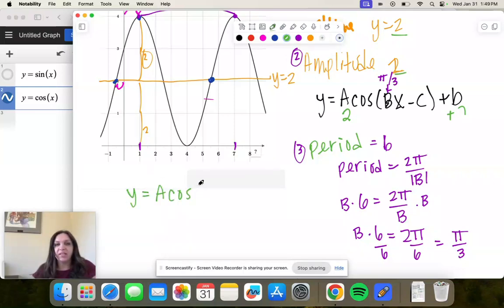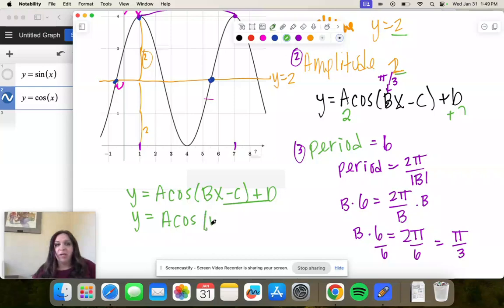Notice how my x-axis is not in radians. It's in just numbers, 1, 2, 3, 4, 5, 6, 7, 8, 9. So when you're writing your equation at this point, if you're not in radians, I want you to take out the b.